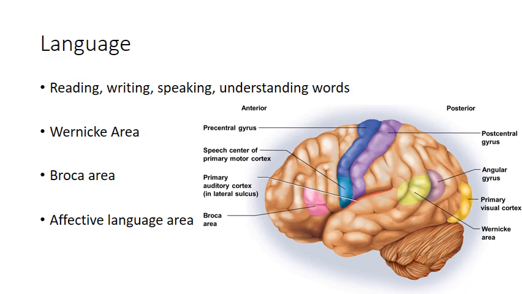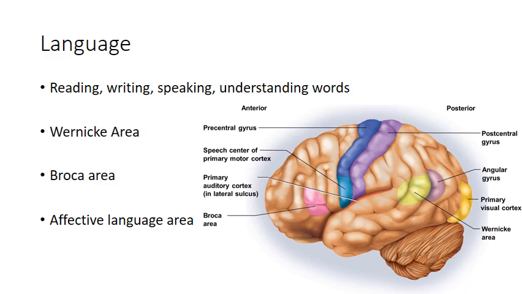All right, so really our last higher level cognitive function I want to talk about in the brain is language. There are so many aspects to language. We have reading and writing, understanding spoken word. I didn't include it on this slide, but actually sign language is controlled and processed by the same regions of the brain that spoken language are.